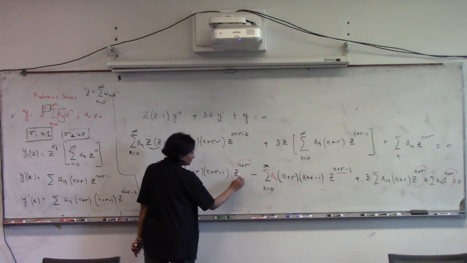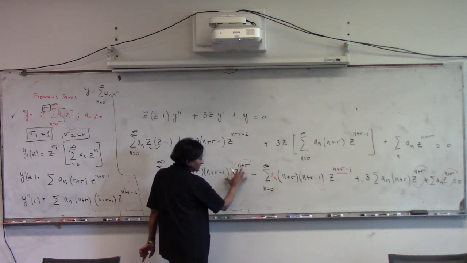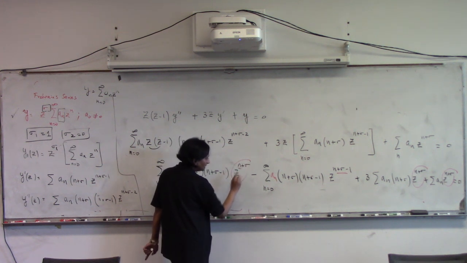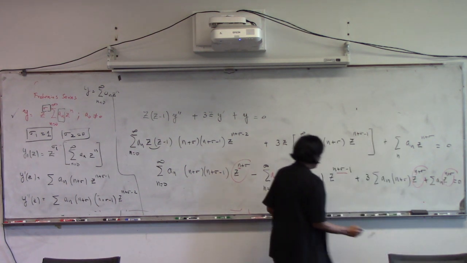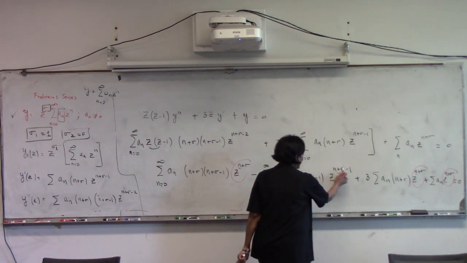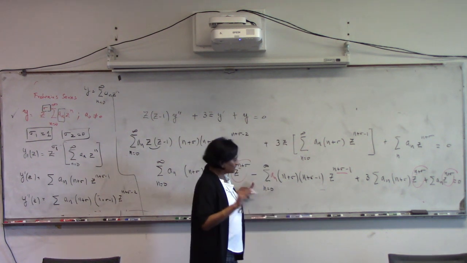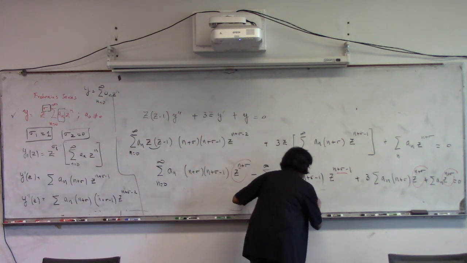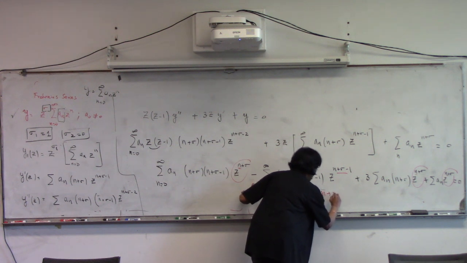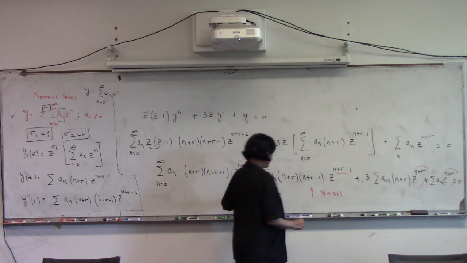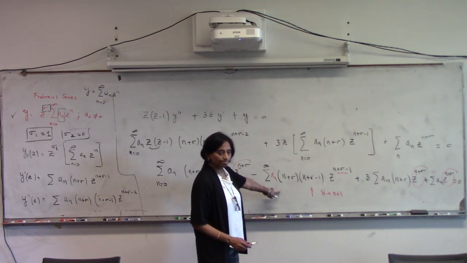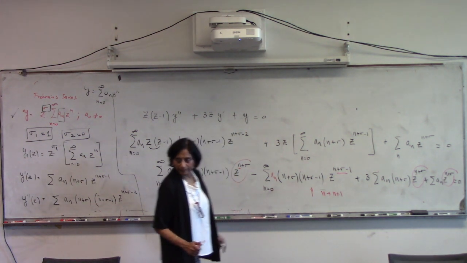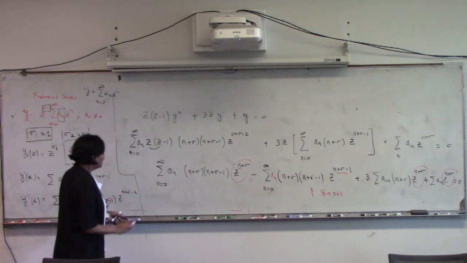Is this clear? I just factorize z to the power sigma. This is z to the power n, that is z to the power n, and that will be z to the power n, whereas this will be z to the power n minus 1. If I have to compare the same coefficient of n, then I have to change n to n plus 1 here. Is that clear? Or should I write down this step? Maybe I should write it down.